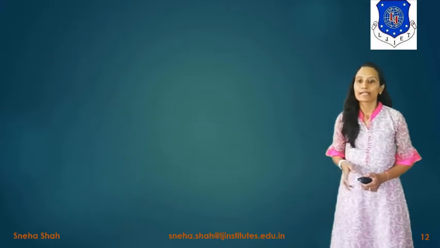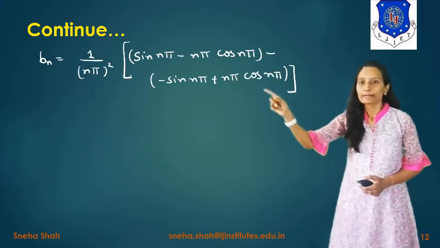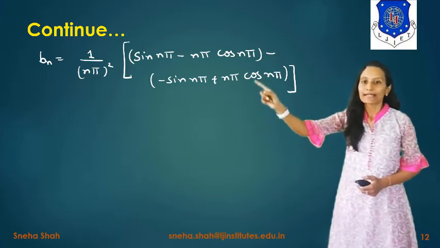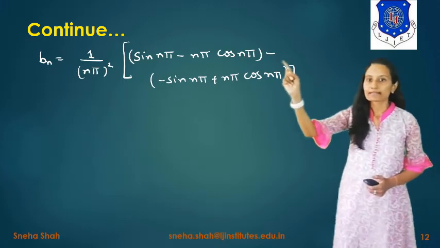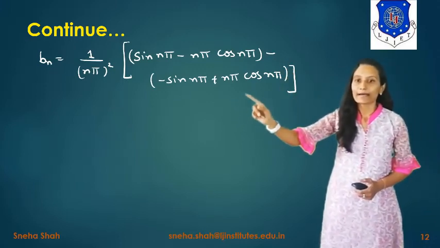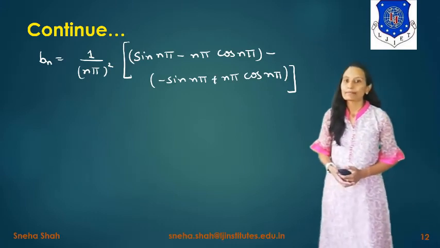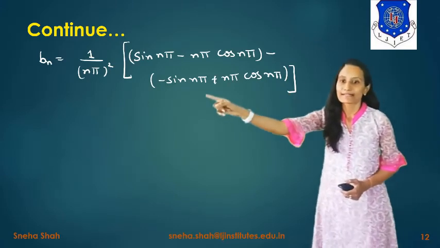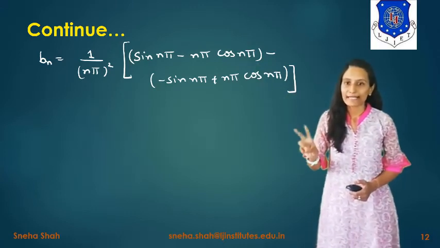So higher range minus lower range, the value of Vn equals 1 upon n pi squared times [(sin n pi minus n pi cos n pi) minus (minus sin n pi plus n pi cos n pi)]. Now if we simplify, minus this term will be plus sin n pi, so sin n pi plus sin n pi means 2 times sin n pi.